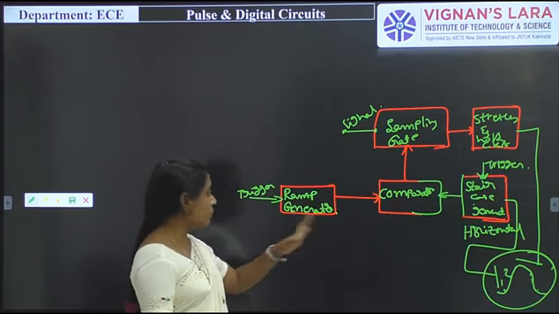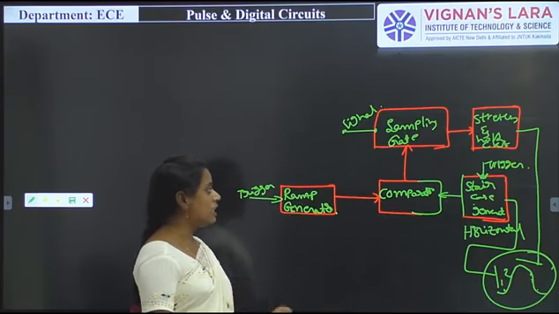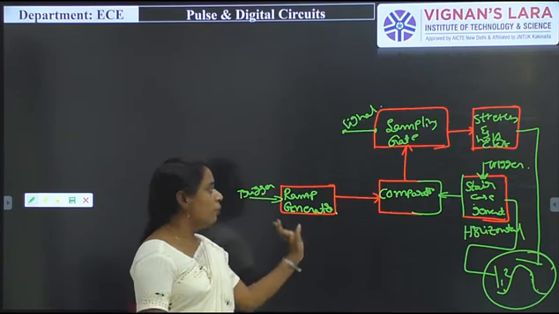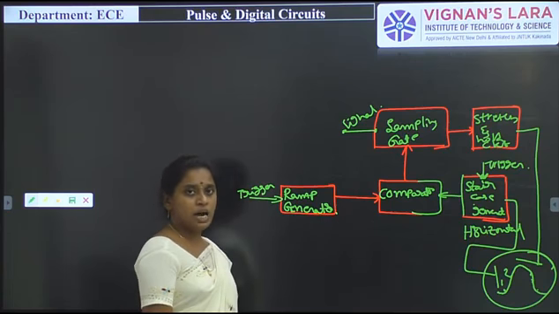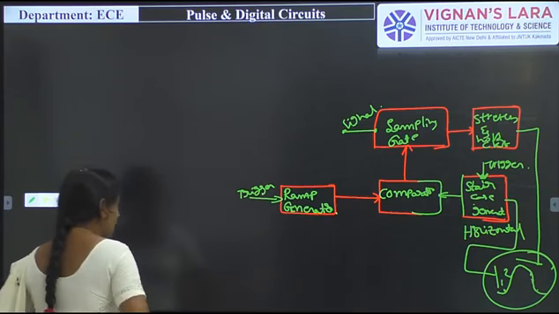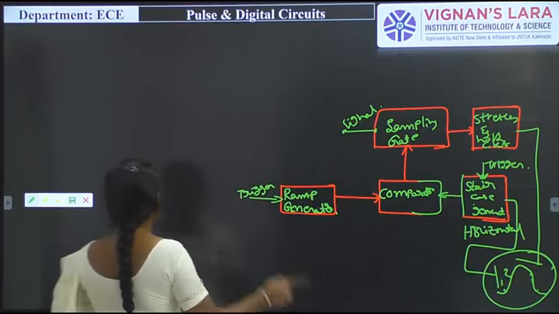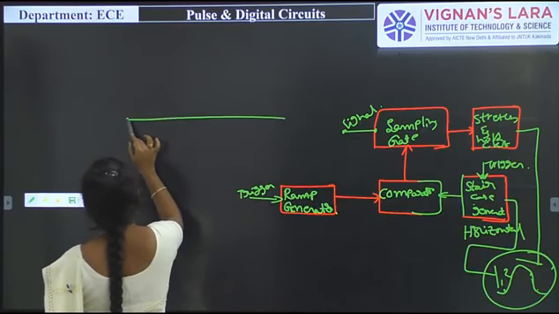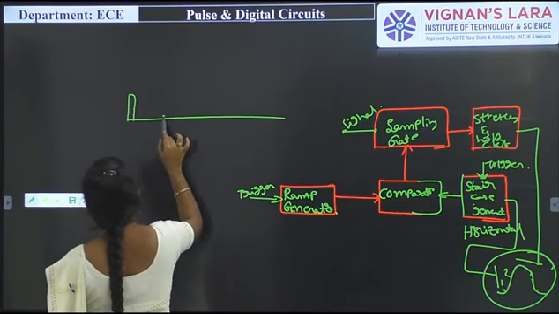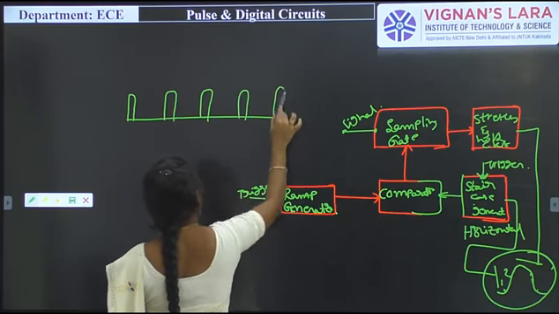Here, whatever the input signal we have to give, simply I am giving a ramp signal and a staircase signal. Both are compared by using the comparator. So first, I am applying a triggering pulse, like this.